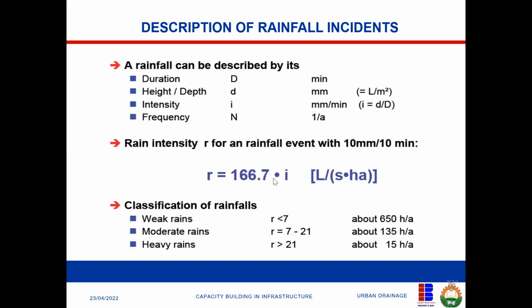Okay, so this is the classification of rain for nominal design. A weak rain is a rain that has an intensity of less than 7, which, if you do the calculation, translates to about 650 millimeters per hour per hectare per annum. Moderate rain is between 7 and 21. Heavy rain is greater than 21.